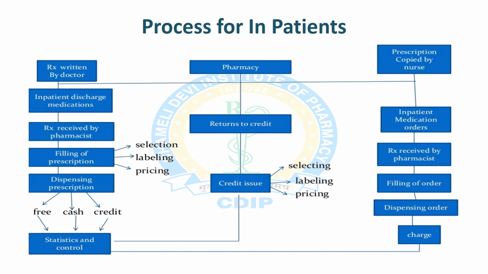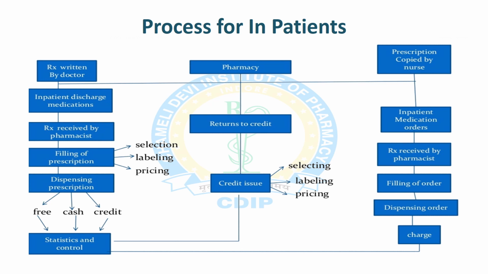If the prescription is written by the pharmacist or pharmacy, then there is a return to credit, and the credit issue would be in terms of selection, labeling and pricing, and their statistics and controls will be recorded.